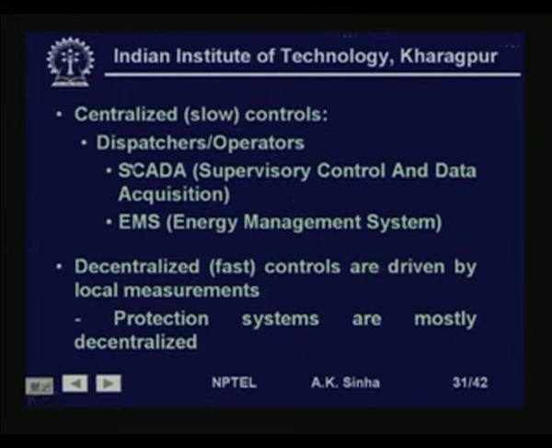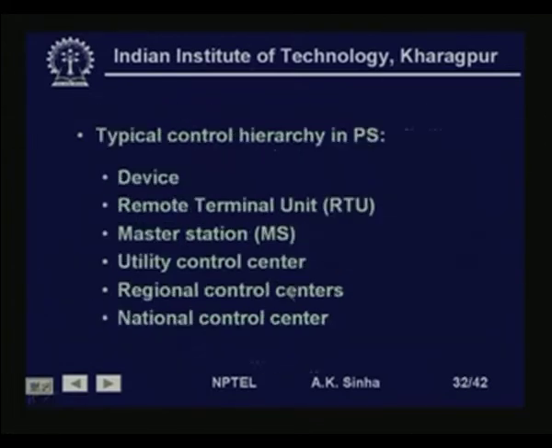Examples of centralized control are SCADA systems and EMS systems. Decentralized controls, as I said, are protection systems and controls like the speed governing system for turbines and generators.